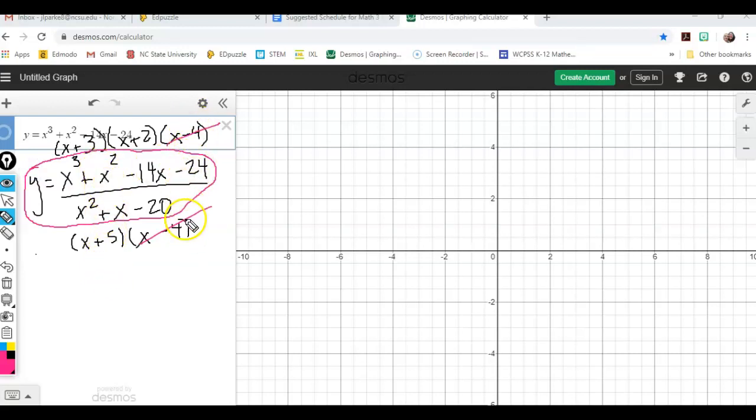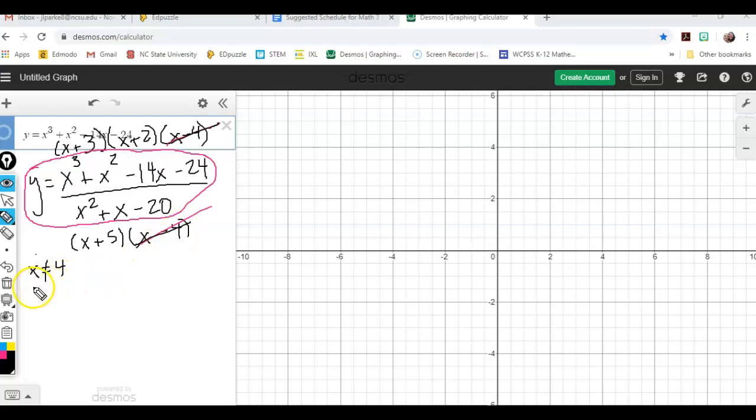these will not cancel out if they were equal to 0. We still can never allow division by 0 to happen. It is not allowed to happen. So that means that I cannot let x equal 4, because if x was equal to 4, then this would have never happened. It wouldn't have simplified.